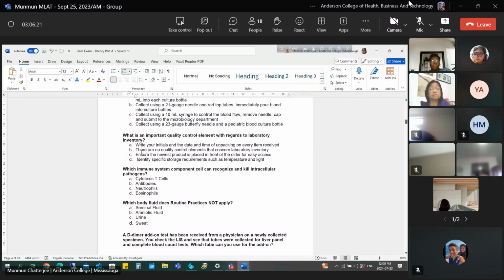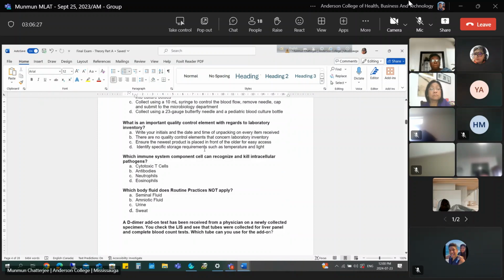What is the important quality control element with regards to laboratory inventory? The newest one will be at the back. No, that's wrong.